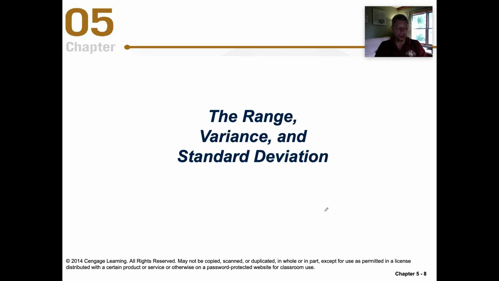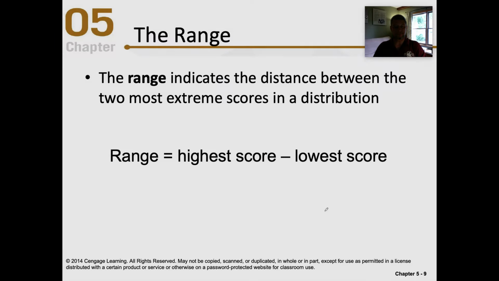Okay. So let's start with a discussion of the range. Now, the range simply indicates the distance between the two most extreme scores in a distribution. So what you do is you find the highest score and the lowest score, and you take the difference between them. Okay.